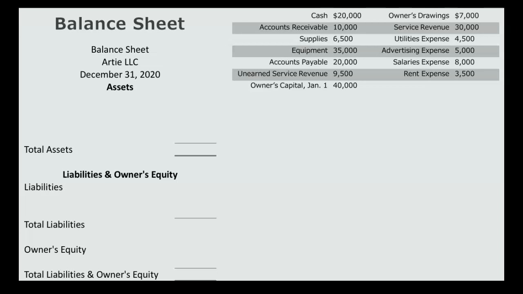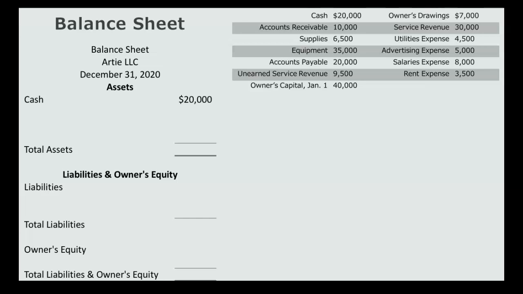We have cash, accounts receivable, supplies, and equipment. Well, the most liquid asset always is going to be cash, because cash is already cash, right? So you can turn cash into cash pretty quickly. So we list out cash for $20,000.